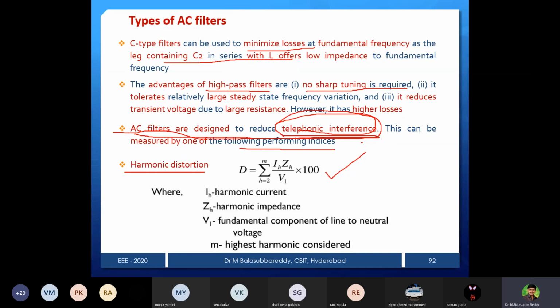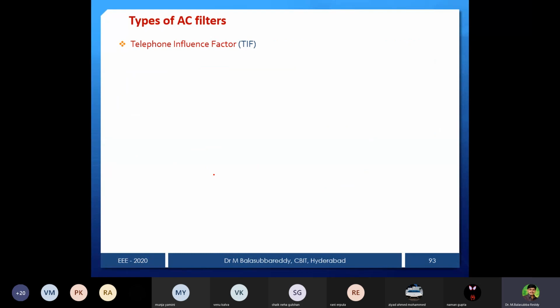Ih is the harmonic current, Zh is the harmonic impedance, and V1 is the fundamental component of line to neutral voltage. M is the highest harmonic considered. So you substitute the data here, and you are able to find the harmonic distortion. That is one factor.